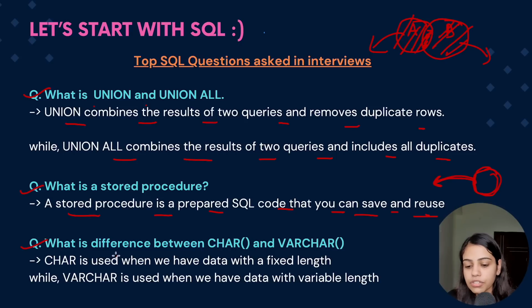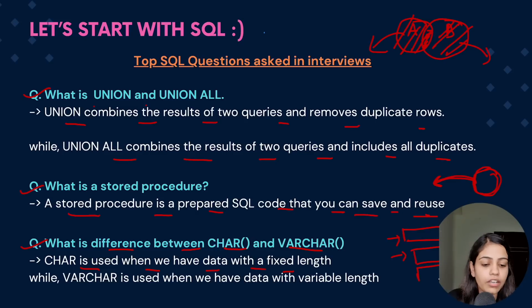Now coming to the next question, what is the difference between char and varchar? So char is used whenever we have data of fixed length. So if I know that name would only have 5 characters, like all the names inserted in our employee table would only have 5 characters, then I can use char and I can give 5. But when I know that they should have a variable length, consider the email of a person can have variable length.